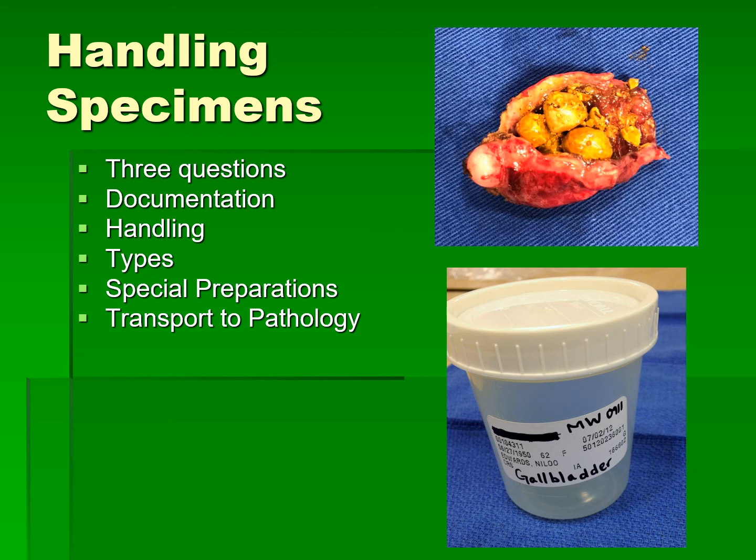And the reason that they're going to do that is so that when it goes to the pathologist, they can orient the specimen as well. Here's an example. One surgeon that I used to work with, and she did a lot of breast biopsies, she would always stitch the specimen, or we would call this marking the margins of the specimen.